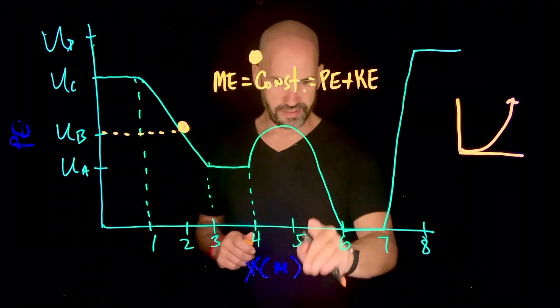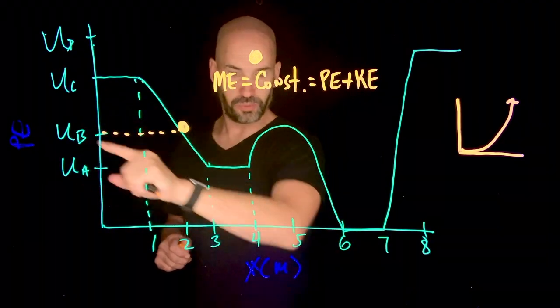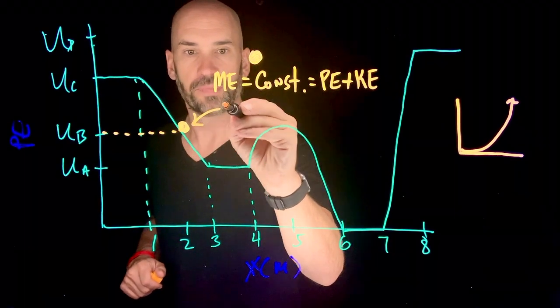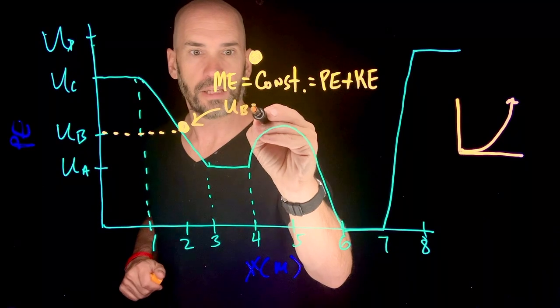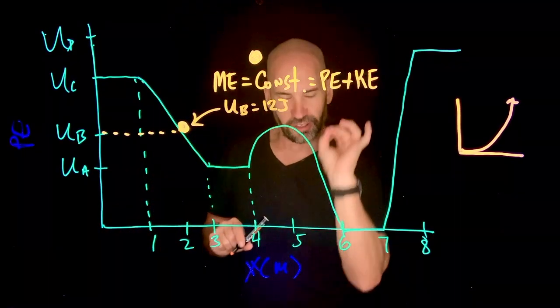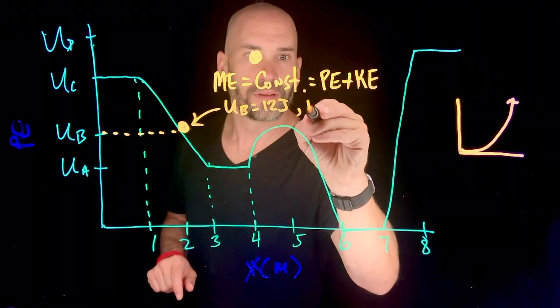And it says that UB, the potential energy here at this position UB, is 12 joules. So the potential energy equals 12 joules, right? And it says that it's released, like given a little push, with a kinetic energy of 4 joules.